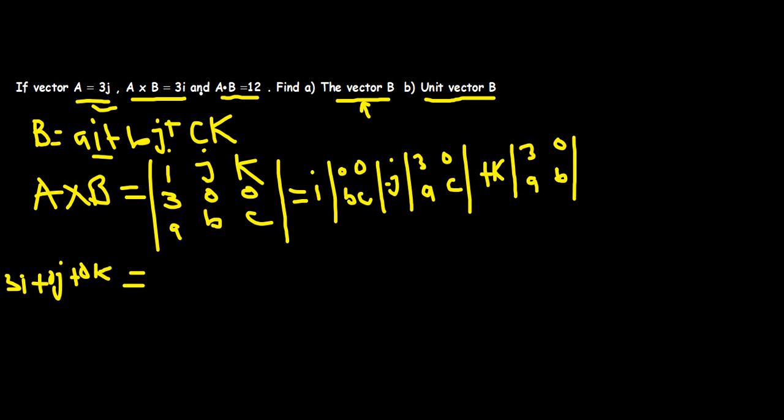Then let's expand this side. This i will be outside, and in the brackets it will be 0 multiplied by c minus b multiplied by 0, which is just 0. So this will be 0i. Then here we have 3 multiplied by c and a multiplied by 0, so it will be 3c minus 0, which is just 3c, and then with the minus j outside we get minus 3c j.